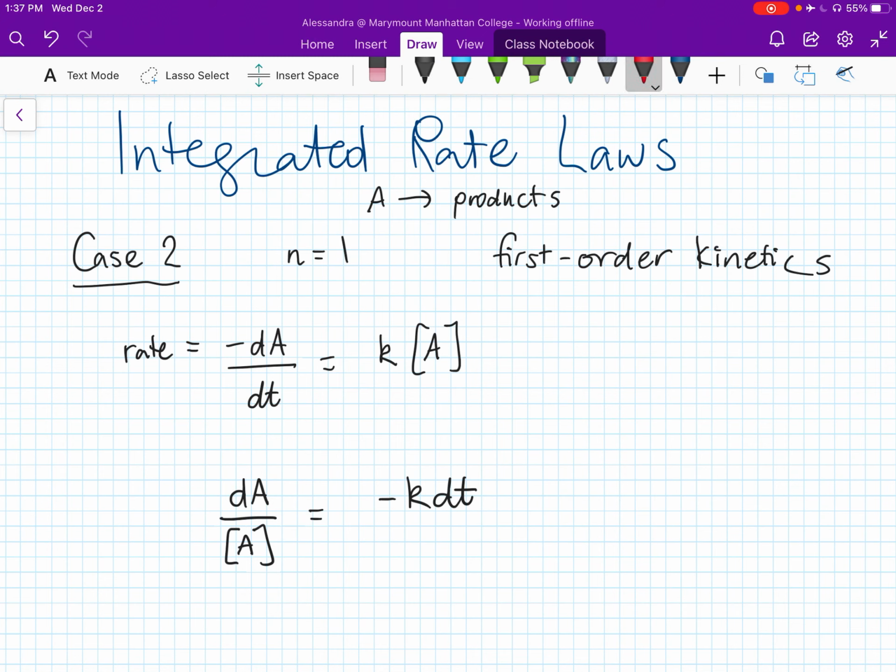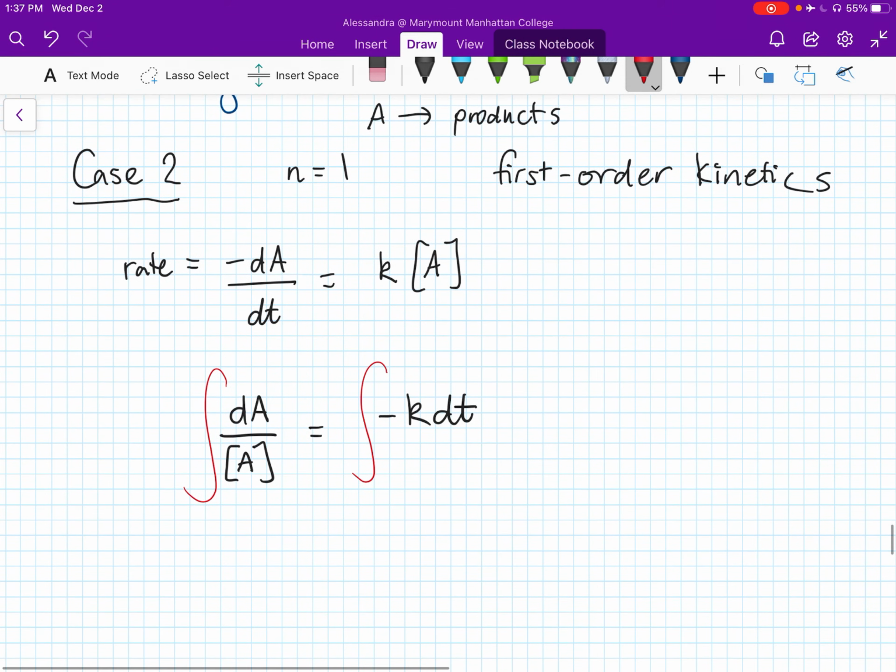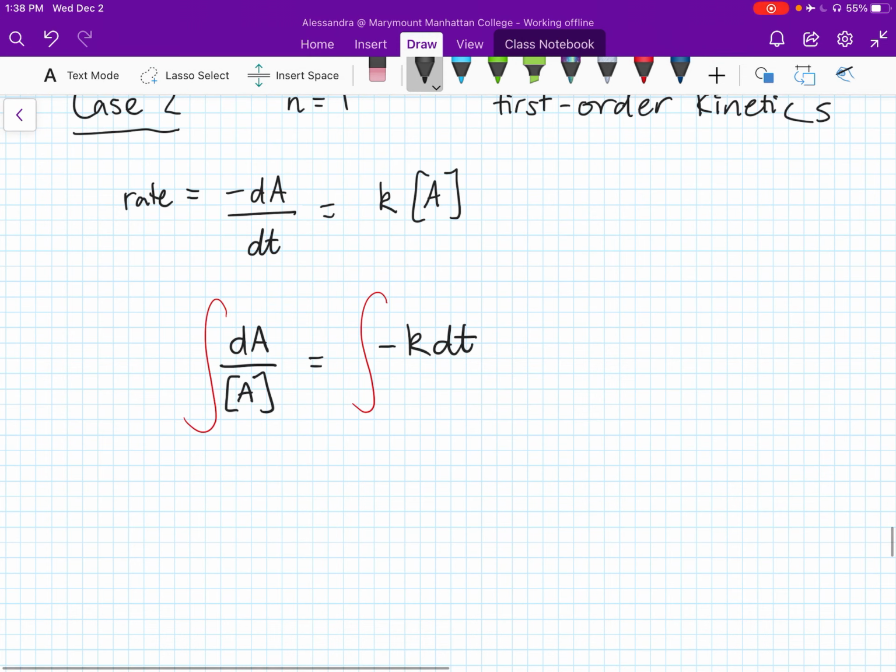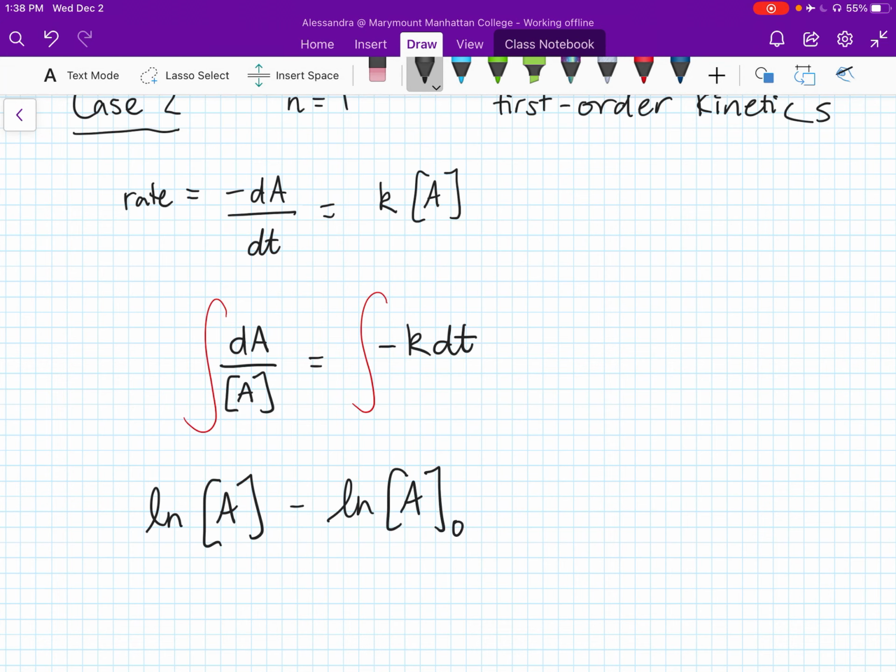Once again, if you haven't had integral calculus, don't worry about this part. You're going to be able to use the final derived equation just using simple algebra. So the integral of 1 over x is the natural log of x. So what we get here as we go from 0 to time t is the natural log of reactant A minus the natural log of reactant A at time 0.